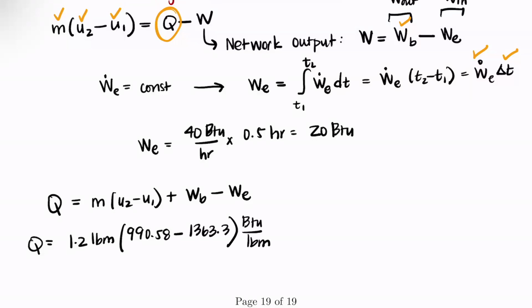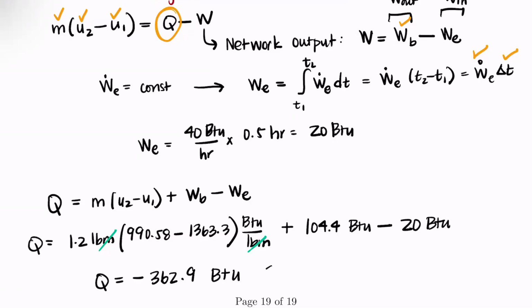So our pounds of mass are going to cancel here and we have just BTUs, which is convenient because our next term is our boundary work, which we have in terms of BTUs, which is 104.4 BTU, minus our electrical work, which is 20 BTU. Which gives us Q is minus 362.9 BTU, which is less than 0.